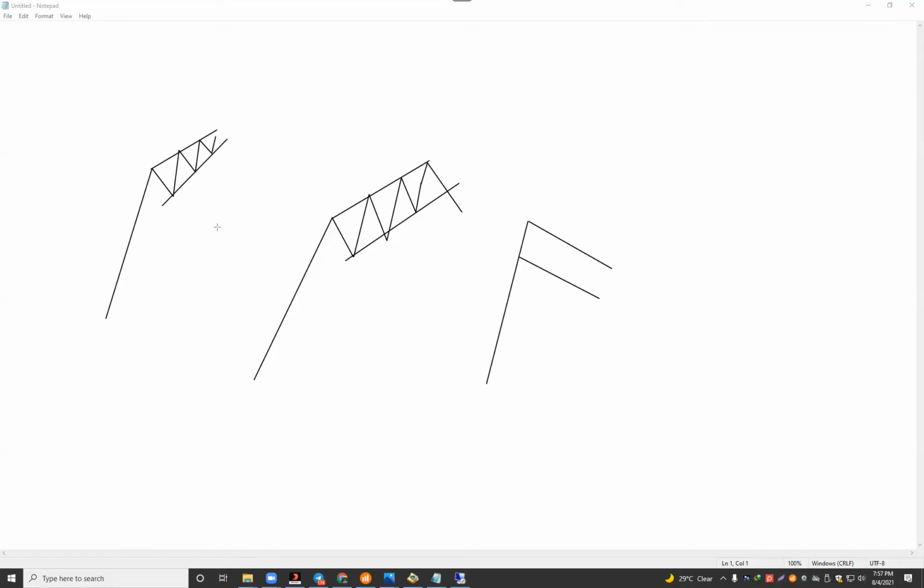Mostly traders will be trapped when there is an uptrend. This is showing an uptrend, and the price at the top of the uptrend is giving you the up range. Every time after this higher high, you are getting another higher high, right?